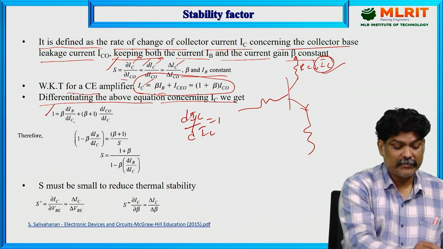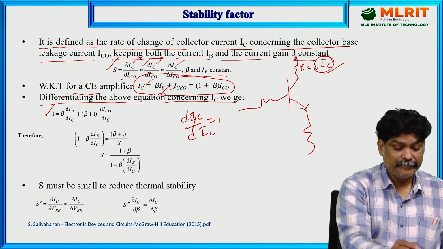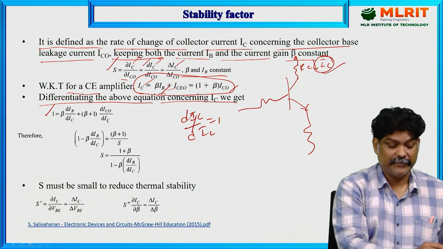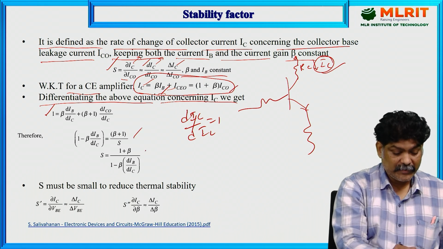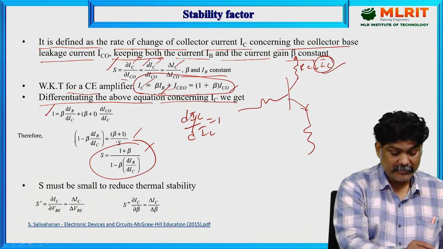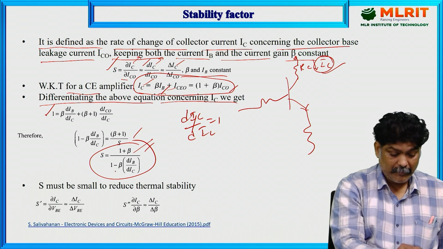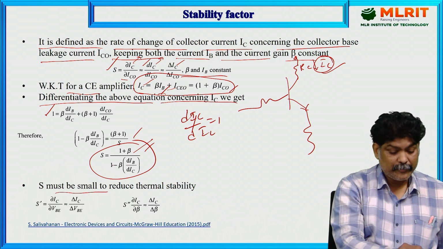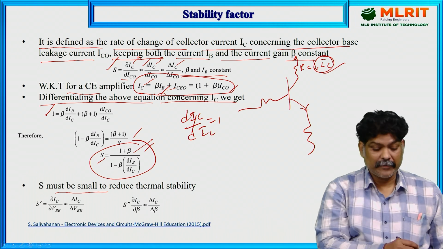So 1 equals beta dIB by dIC plus (1 plus beta) into dIC0 by dIC. Solving this, the stability factor is (1 plus beta) by (1 minus beta dIB by dIC). So S must be small to reduce the thermal instability.